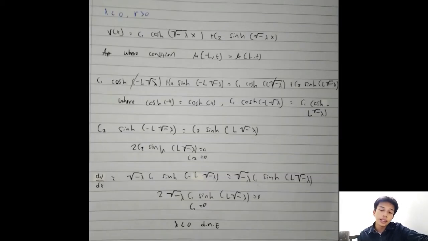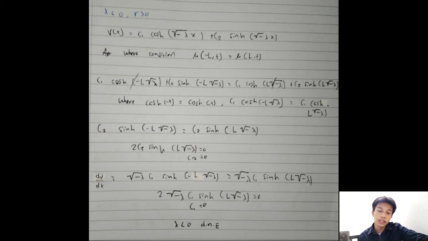For case number 3, λ < 0, r > 0, the general solution is v(x) = c1 cos(√(-λ)x) + c2 sin(√(-λ)x). Apply the initial condition u(-L,t) = u(L,t).